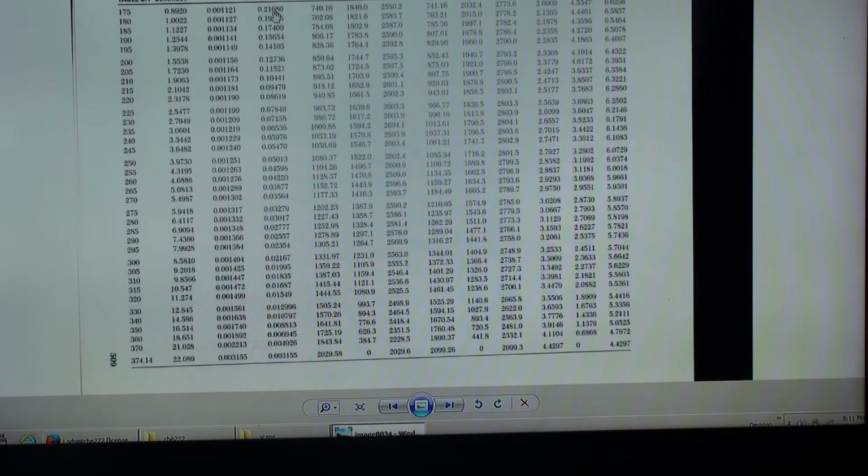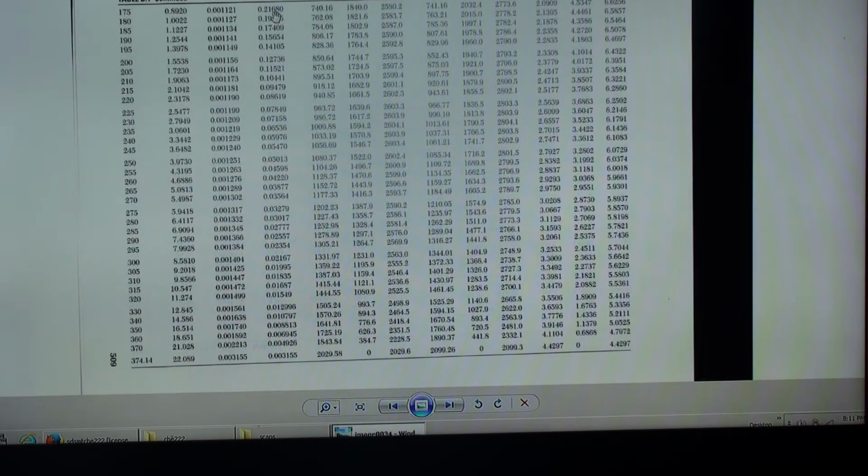So if it's above the liquid volume, what does that mean? What does a high volume mean? What takes up more volume, vapor or liquid? That's right. On a mass basis, a vapor will take up more volume.